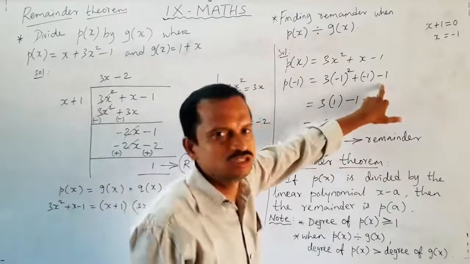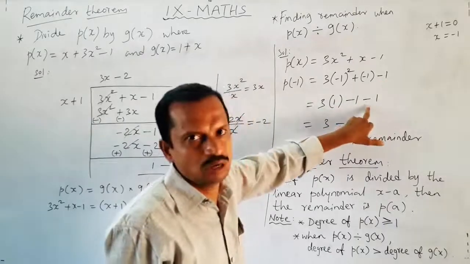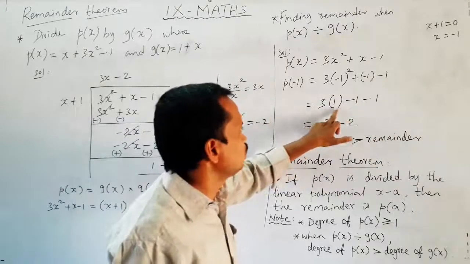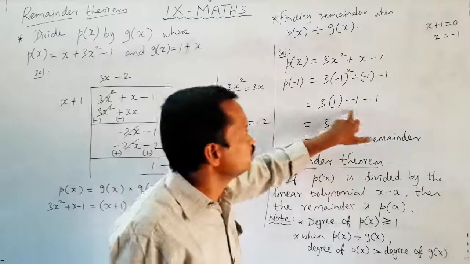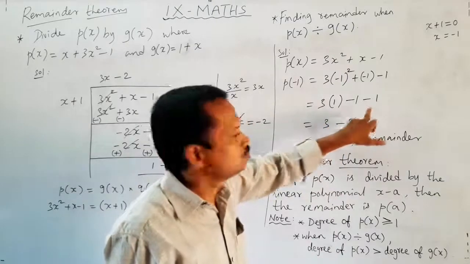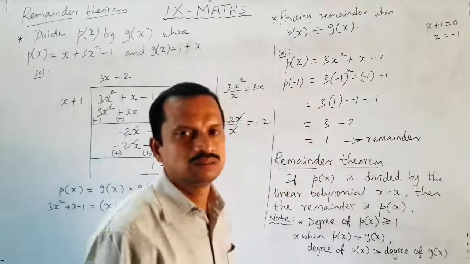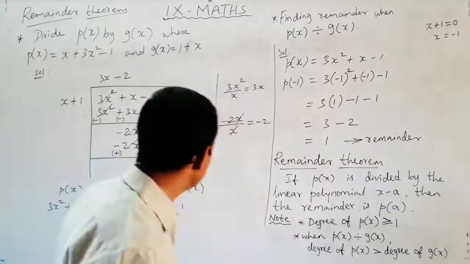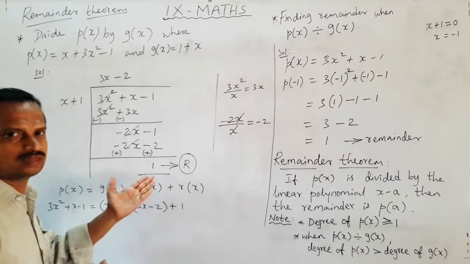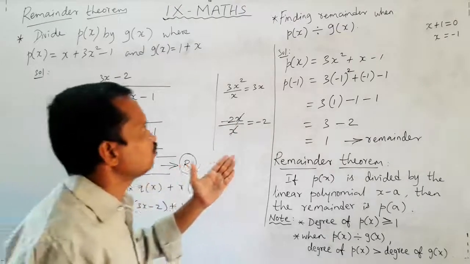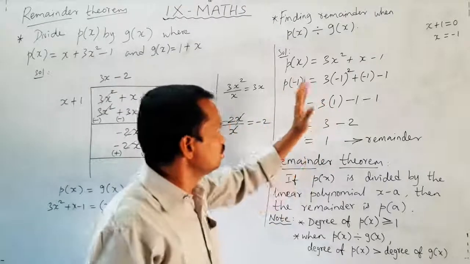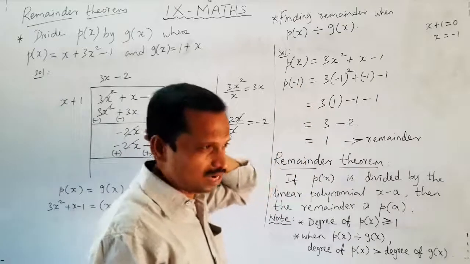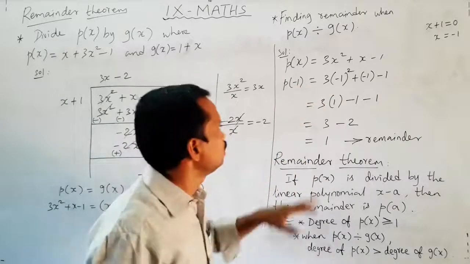And again minus 1 is there already, so that also you have to put. Then 3 into 1 becomes 3, and then minus 1 minus 1 is minus 2. So 3 minus 2, and the final answer is 1, which is the remainder. You see, in the actual division also we got 1 as the remainder. And when we apply the remainder theorem, this is the method of finding the remainder by using the remainder theorem.